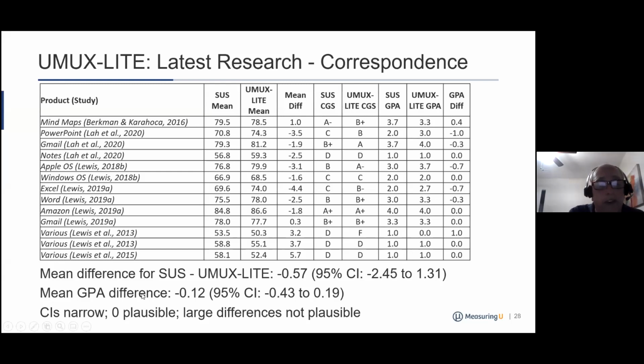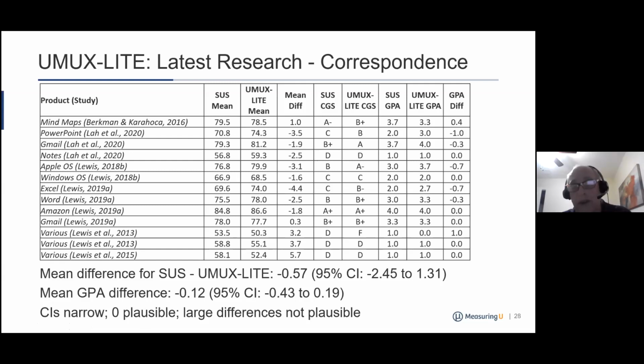And when you look at that as GPAs, then again, it could be like half a grade point off to maybe as much as 0.2 in the other direction. But the confidence intervals are reasonably narrow. They include 0, which means that no difference is plausible.